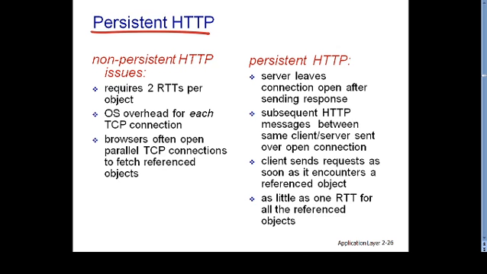Subsequent HTTP messages between the same client and server are sent over that open HTTP connection. The client sends a request as soon as it encounters a reference object, taking as little as one RTT for all the reference objects. So it's quite simple. I hope you understand the difference between non-persistent and persistent HTTP connections.